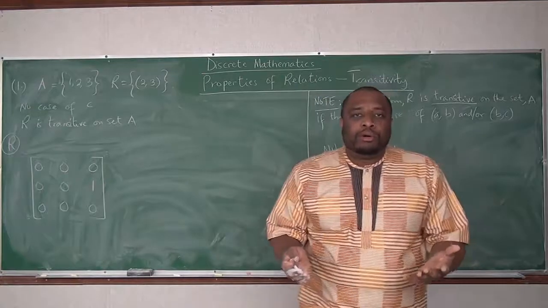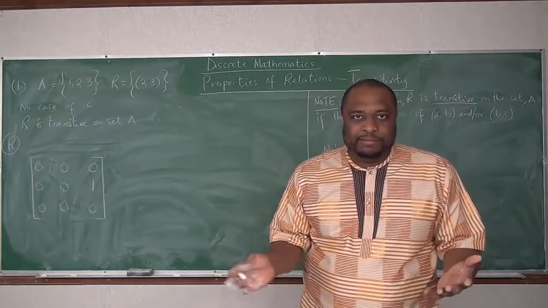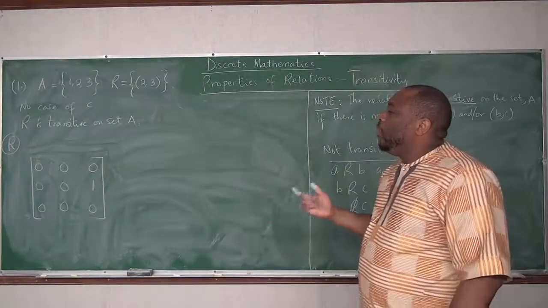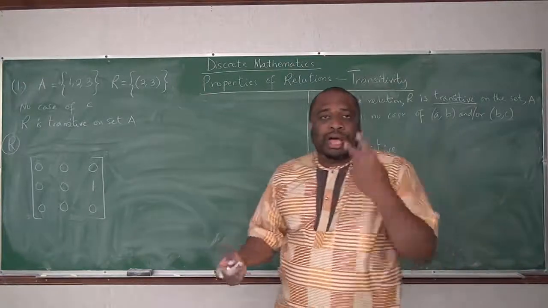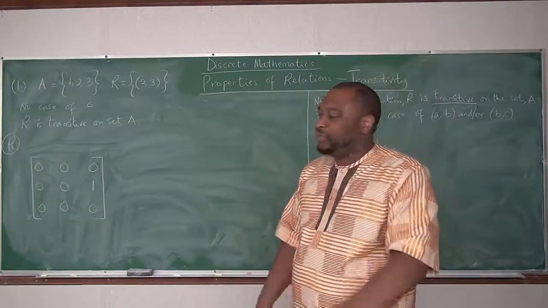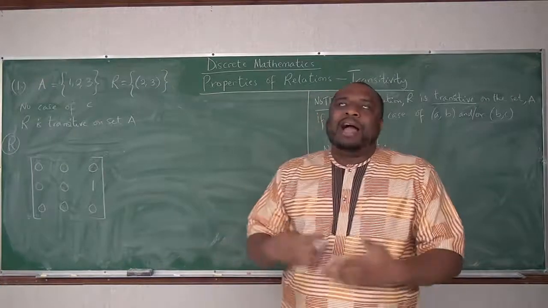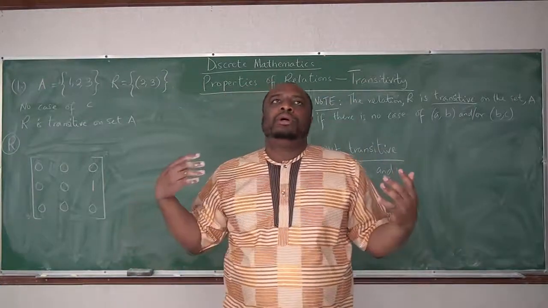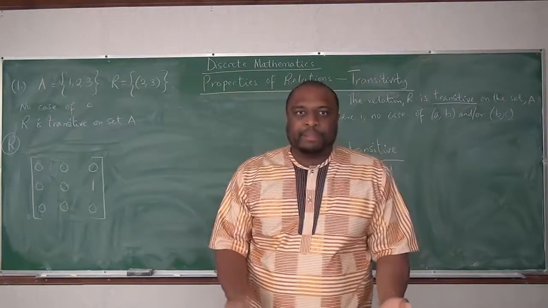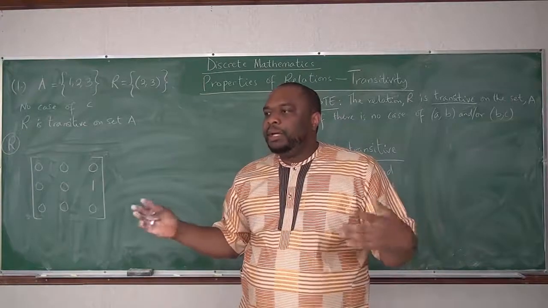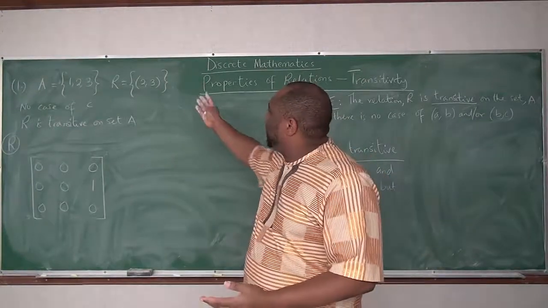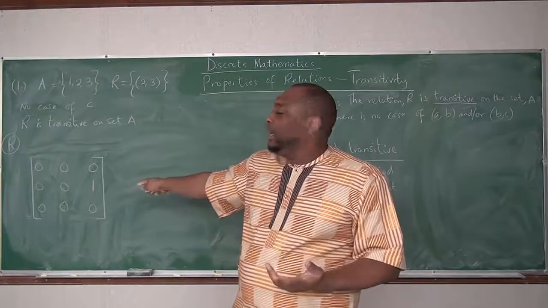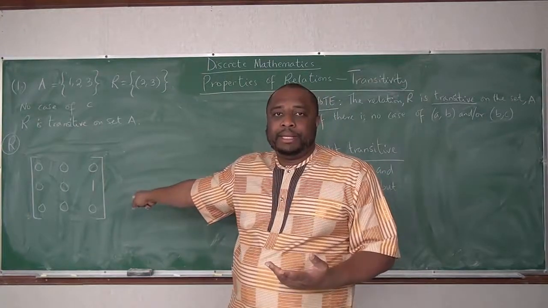How would you know if it is transitive? You have 2 ways to do it. If you have a 2 by 2 or 3 by 3 matrix, this one is pretty much straightforward to look at. We have only (2, 3).